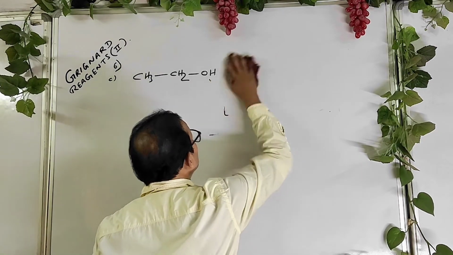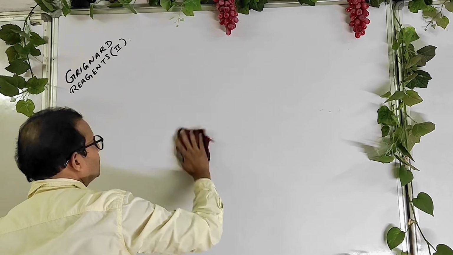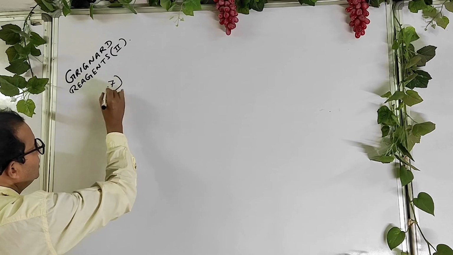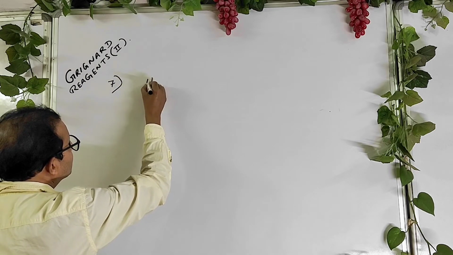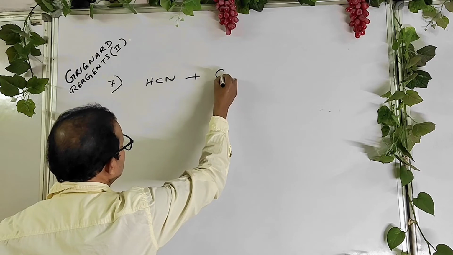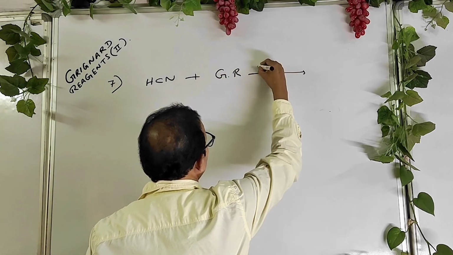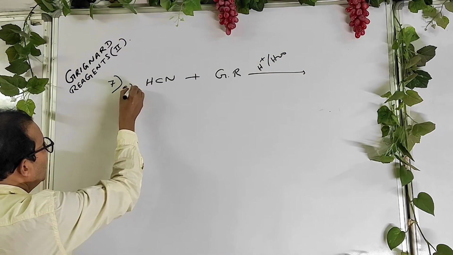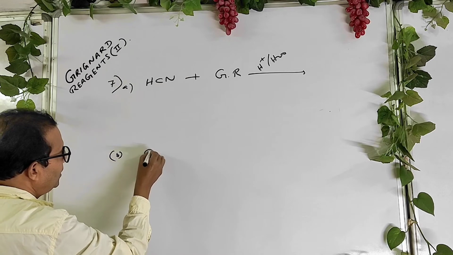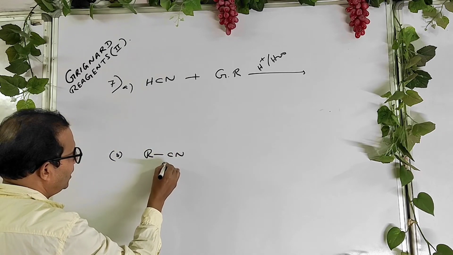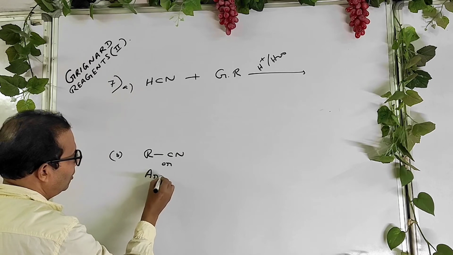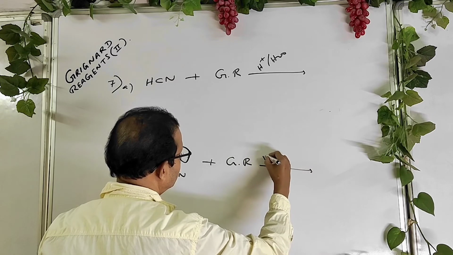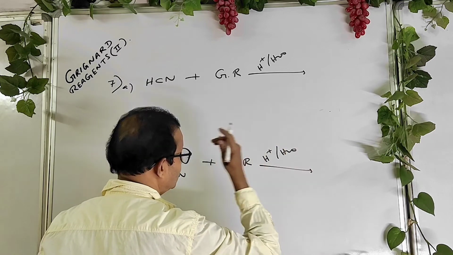Now see other questions relating to Grignard reagent. HCN plus Grignard reagent followed by acid hydrolysis, and any alkyl or aryl cyanide when it reacts with Grignard reagent followed by acid hydrolysis.